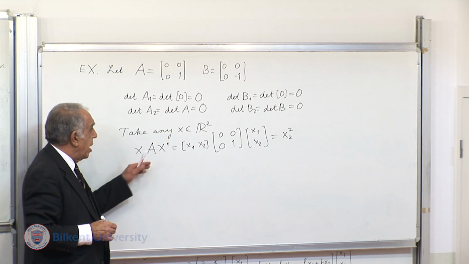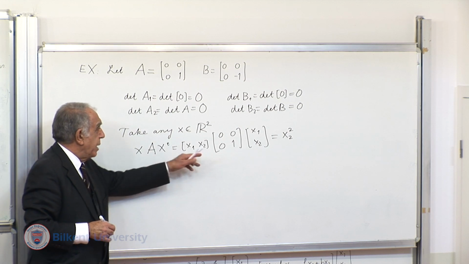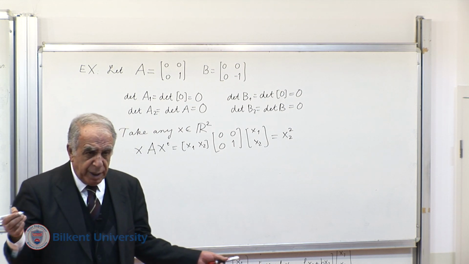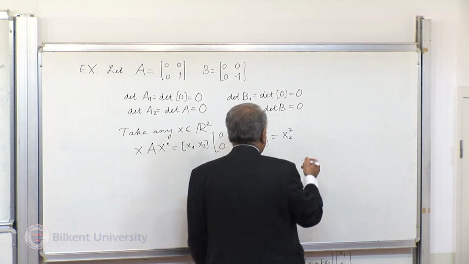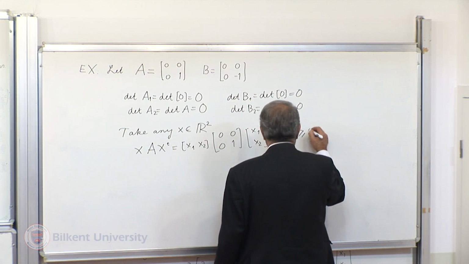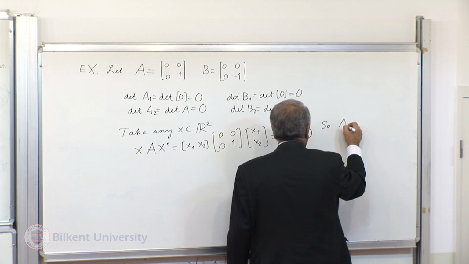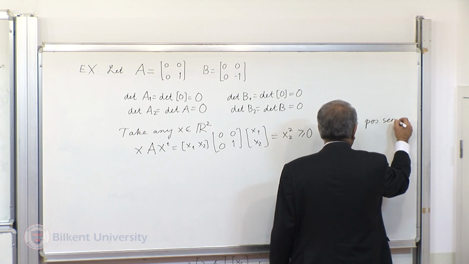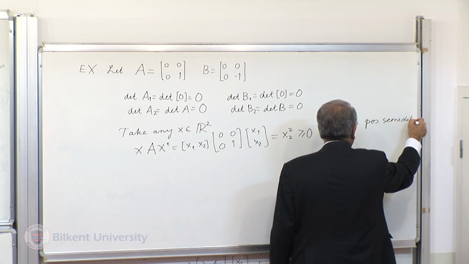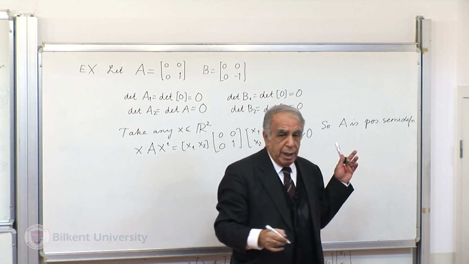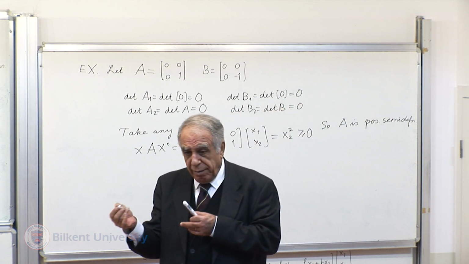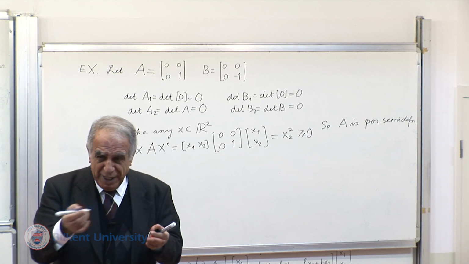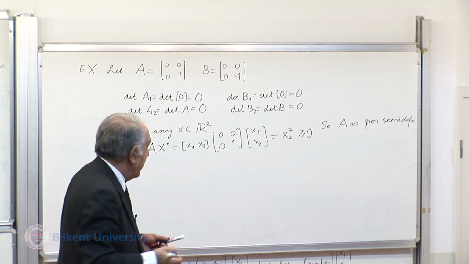What does this tell about the matrix 0, 0, 0, 1? This will be always larger than or equal to 0. So A is positive semi-definite. It could, of course, be negative semi-definite as well, if x A x transpose is 0 for all x, then it's both positive and negative semi-definite.